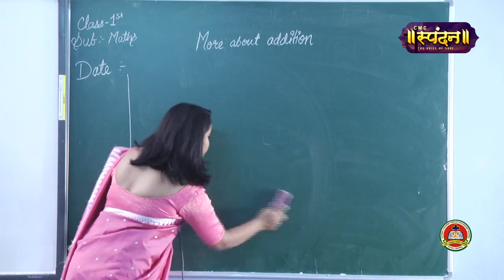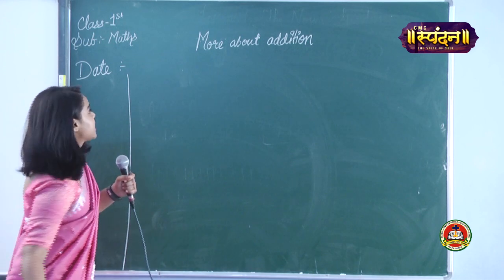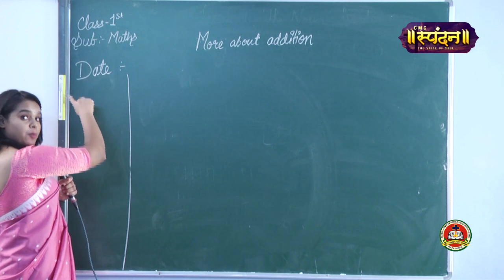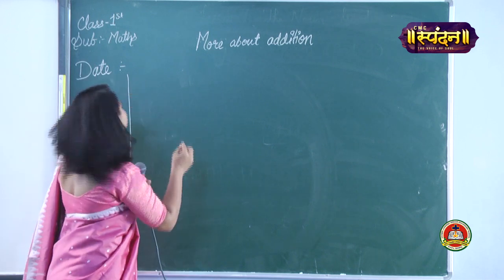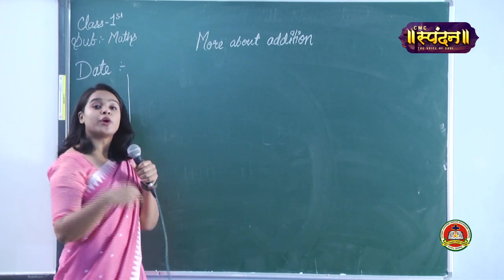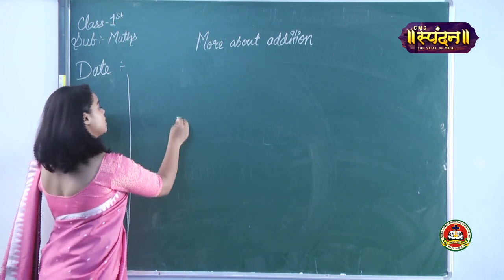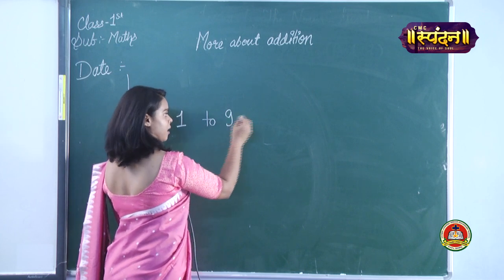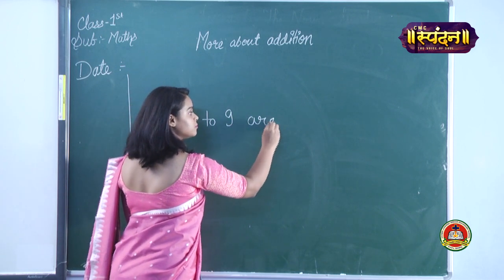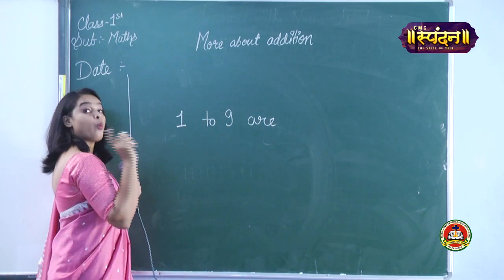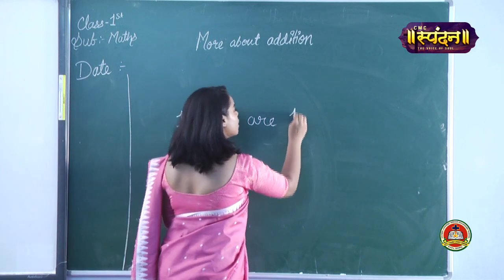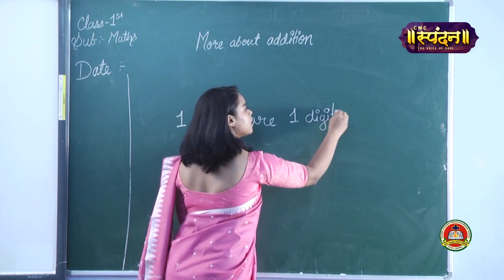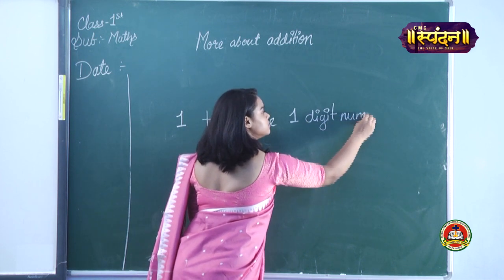Okay, few more things to remember, like write heading at the center of the page, write date at the top left corner, and then begin. There are few points to remember, like 1, 2, 9 are one digit numbers.